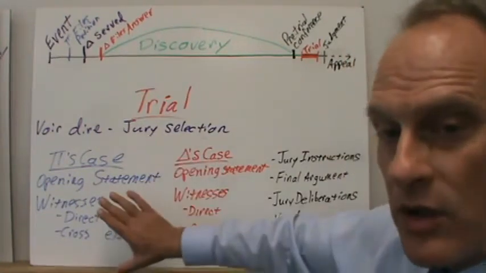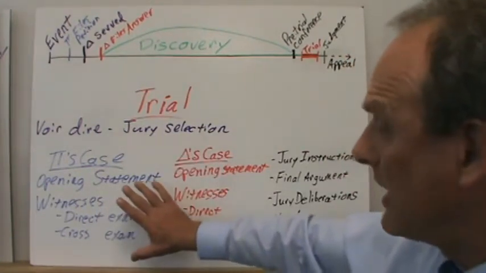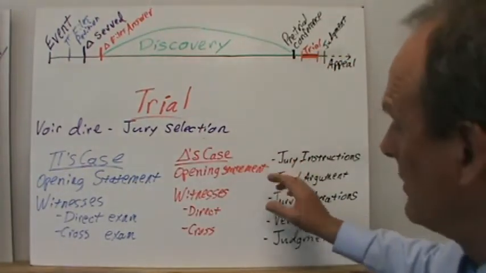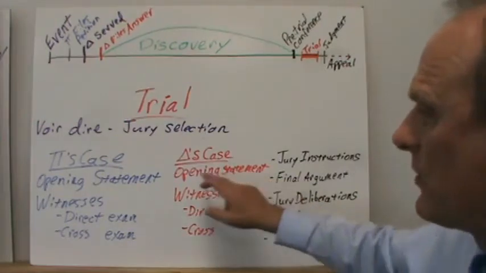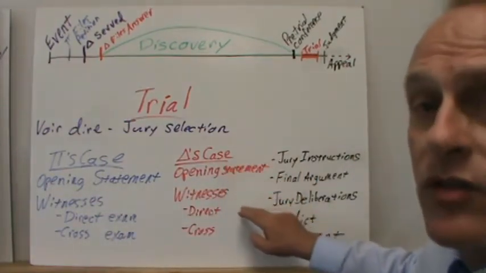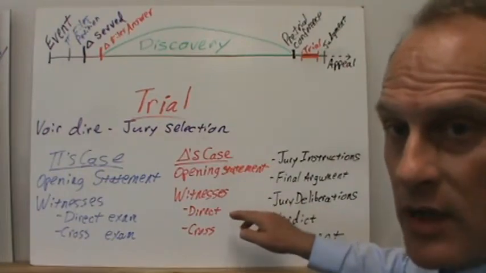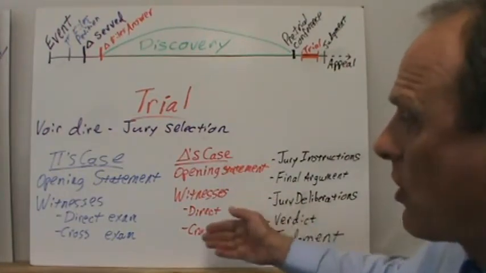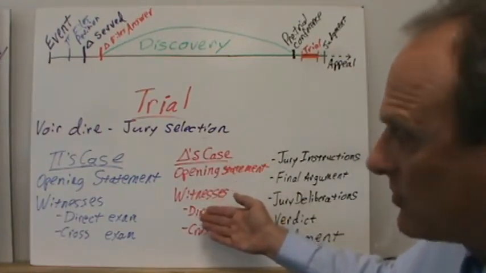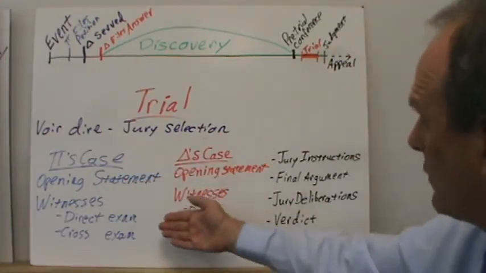Once the plaintiff has put on all of their witnesses and evidence in that way, then it's the defendant's turn. The defendant can make an opening statement if they didn't already make one. And then the defendant calls their witnesses one by one for direct examination and then cross-examination by the plaintiff. And then at some point the defendant will rest, just as the plaintiff had rested earlier.